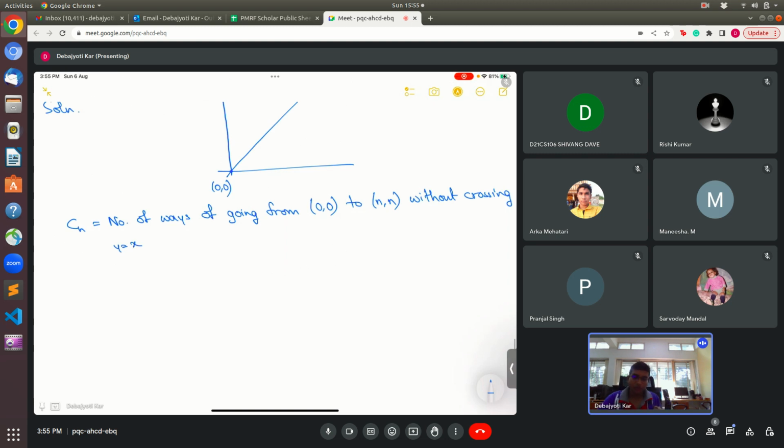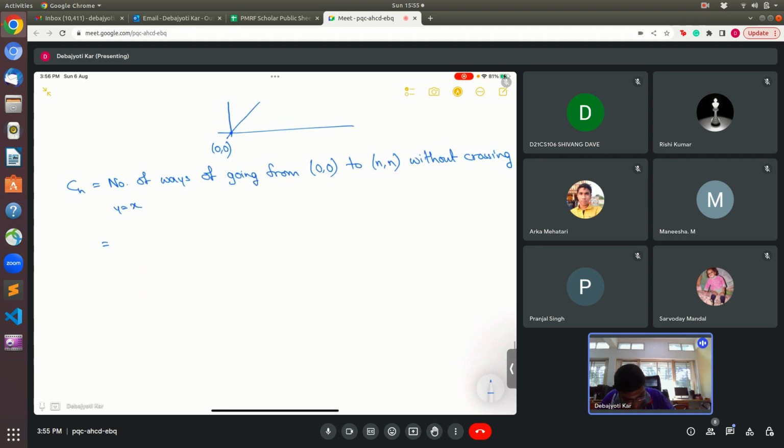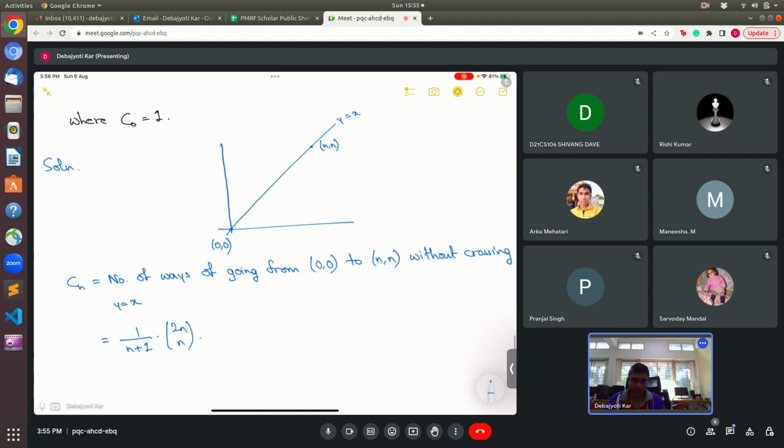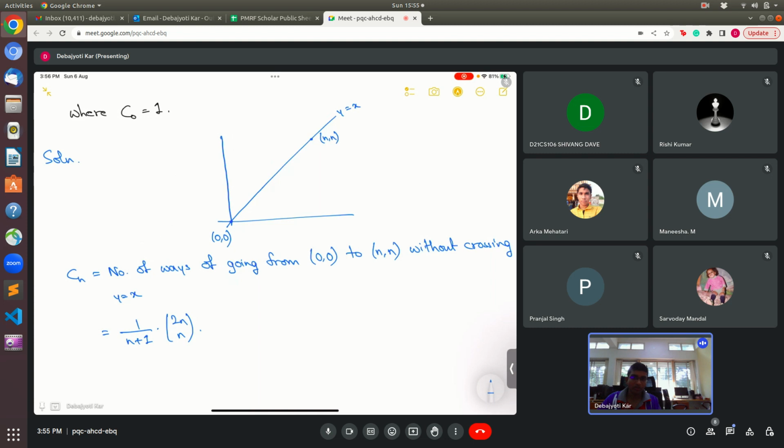It's the number of ways of going from 0, 0 to n, n without crossing y equal to x, and the value of the nth Catalan number is (1 by n plus 1) times 2n choose n. There are many ways of proving this. One possible way is to use the reflection principle that we used previously.